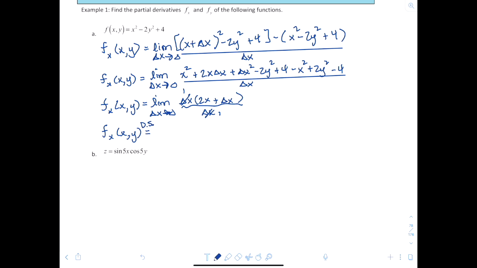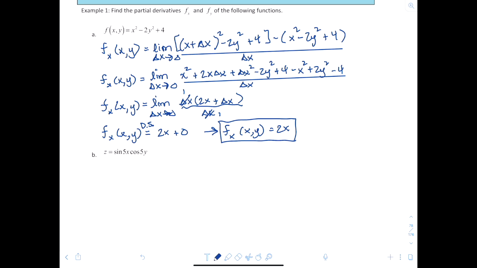We would just get 2x plus 0. And at the end of the day, the first partial derivative of f of x and y with respect to x will be 2x. Cool so far?